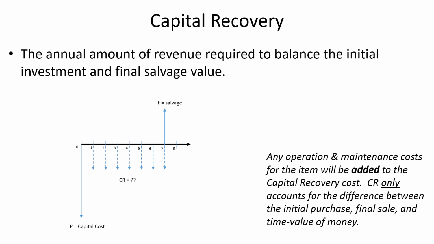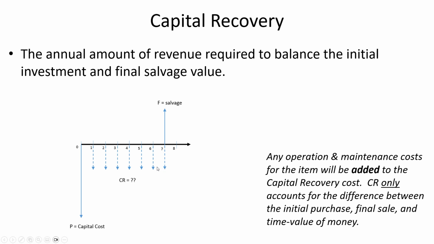So what it is, it's a certain amount of money you should make in order to cover the equipment costs. It doesn't include the maintenance or operation or fuel costs. It's just the cost of acquiring the equipment, meaning the annual difference between the initial acquisition at the present and the salvage value.